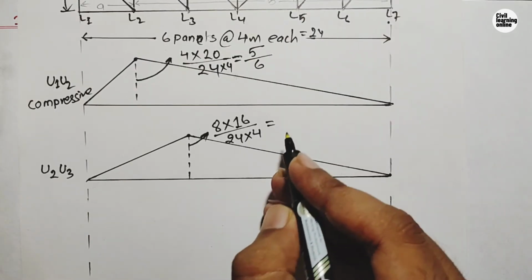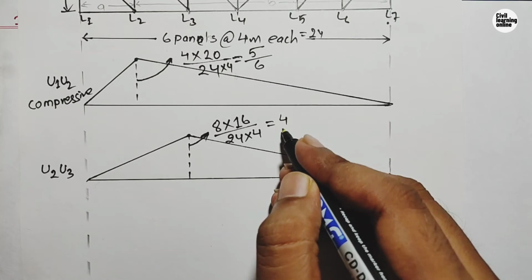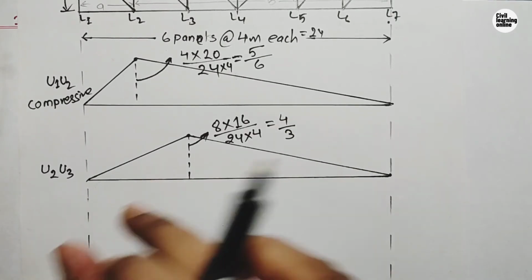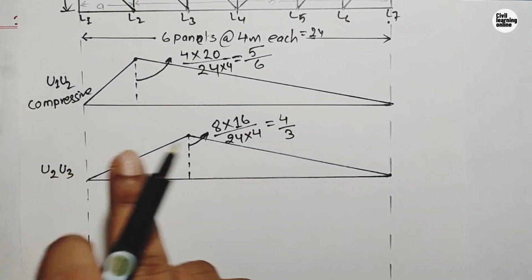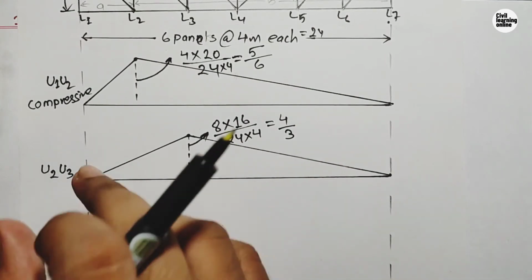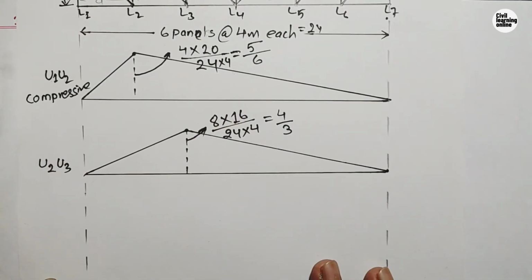And on solving this we will get 4 upon 3, and this is the height of the influence line diagram for u2 u3, and again this is an upper chord member, so the force will be compressive.